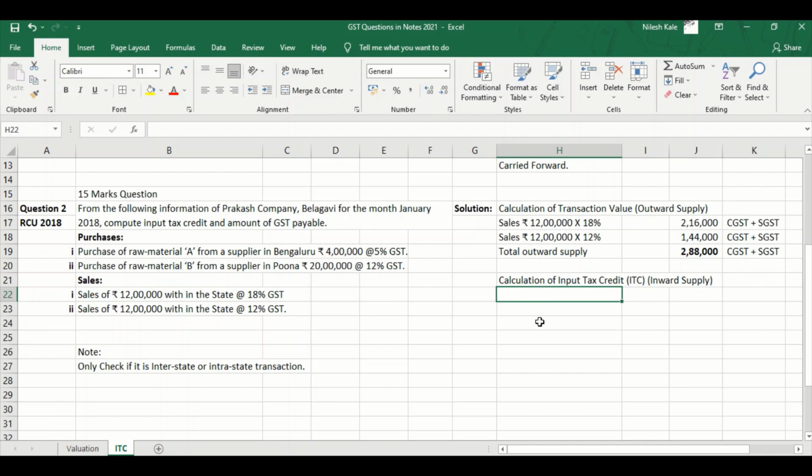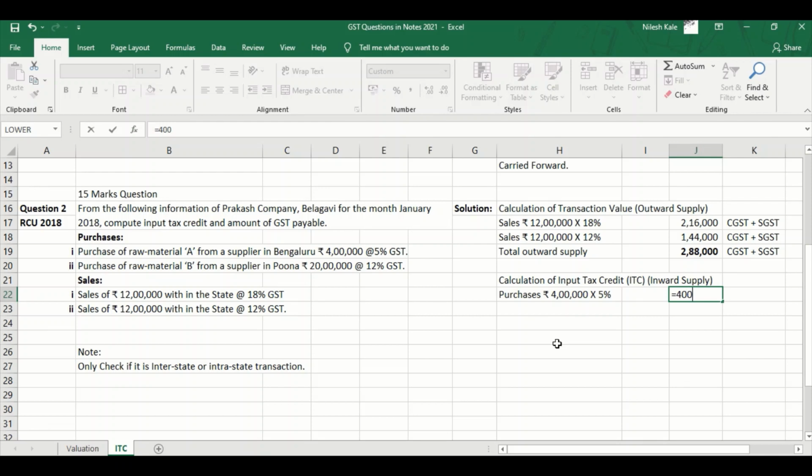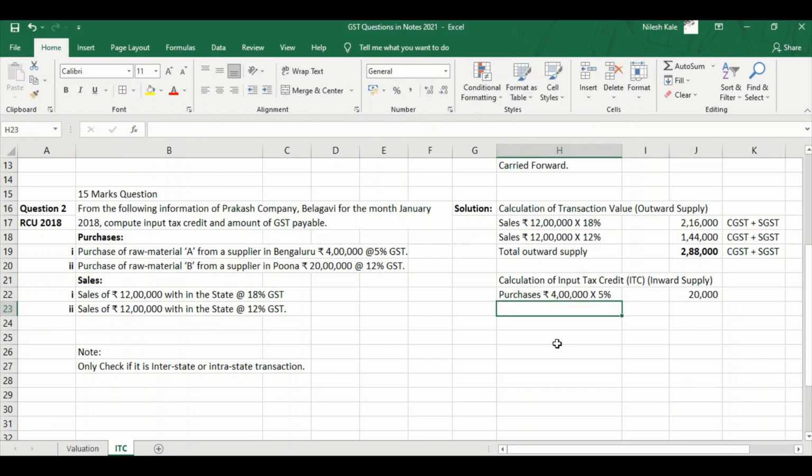So let me write here purchases rupees 4 lakh into 5% GST, right? They have given 5% in the question. Let me calculate how much it is. 4 lakh into 5 divided by 100. It is 20,000.